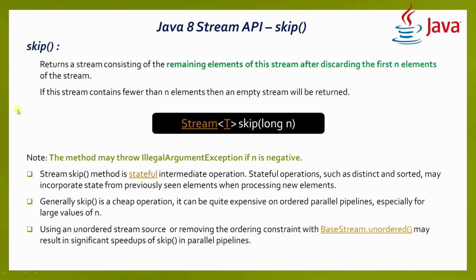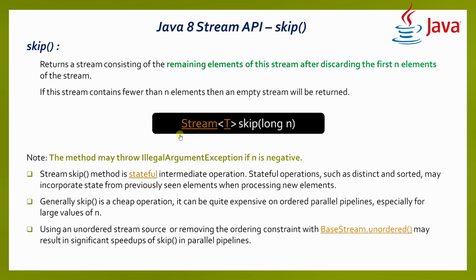The syntax is skip(long n), and it returns a stream. If the stream contains fewer than n elements, then an empty stream will be returned. For example, if there is a stream containing 10 objects and you request to skip 15, then it will display an empty stream as a result.